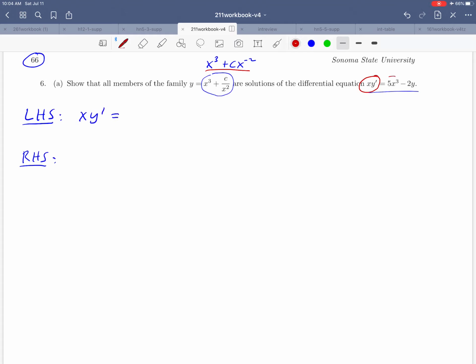And the right-hand side is 5x cubed minus 2y. The idea is just to take the thing that y is equal to and substitute it in both the left and the right-hand side.